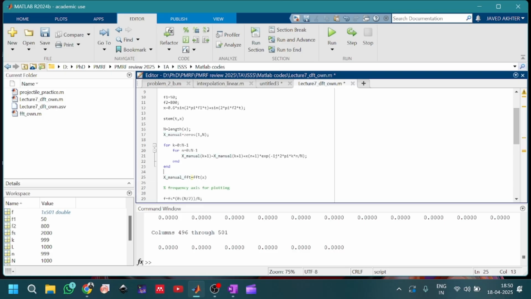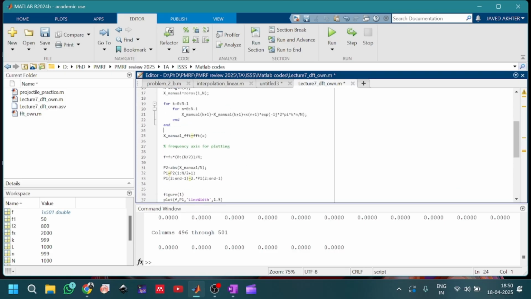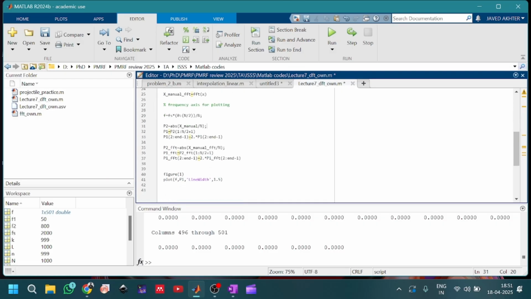Let me write X manual FFT, and let me write it here again: P2 FFT, P1 FFT. So let me put hold on here, and I'll plot F with P1 FFT.